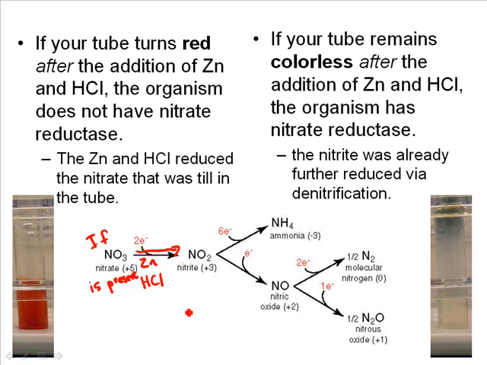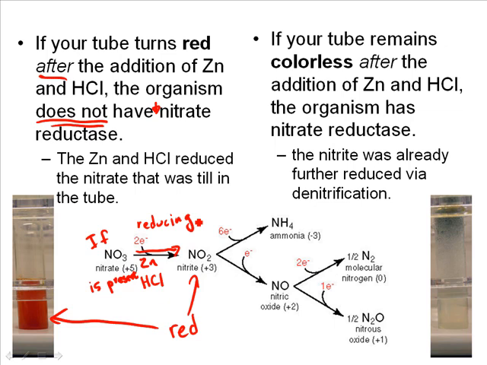And when nitrite is produced, the tube will turn red. So after the addition of zinc and HCl, the tube that turns red indicates the organism does not have that enzyme nitrate reductase. And it's the zinc and HCl that are reducing the nitrate present.